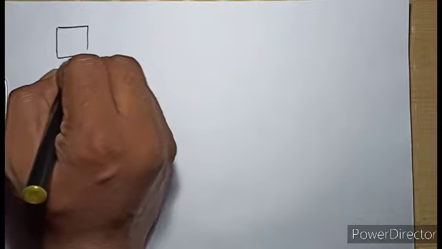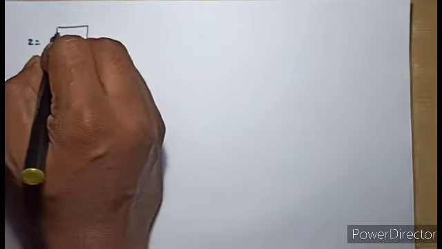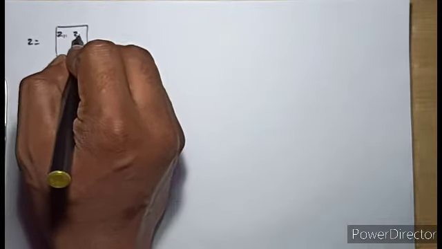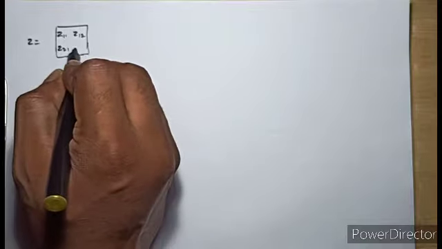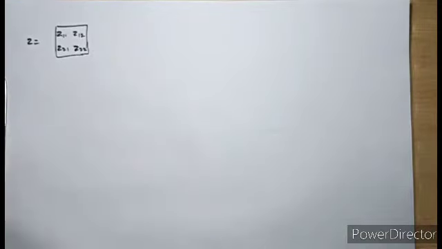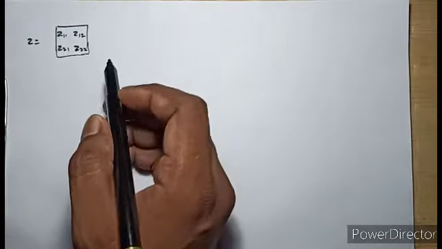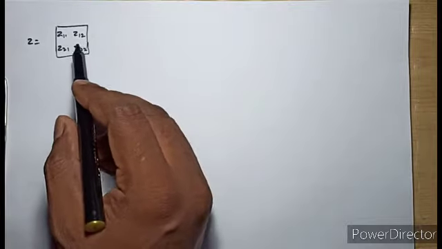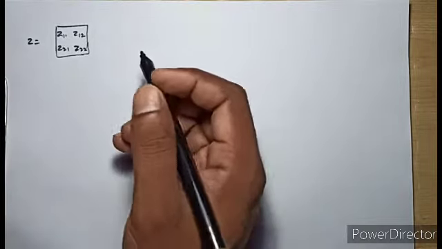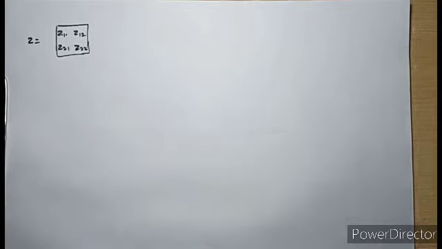Means if for a network the Z parameters are given like Z11, Z12, Z21 and Z22, then what are the conditions for its reciprocity and symmetry? Right.